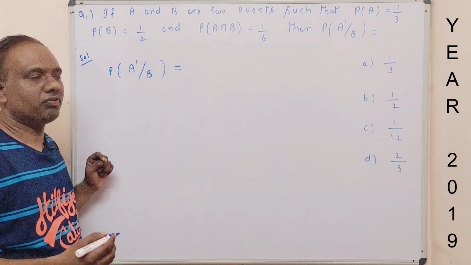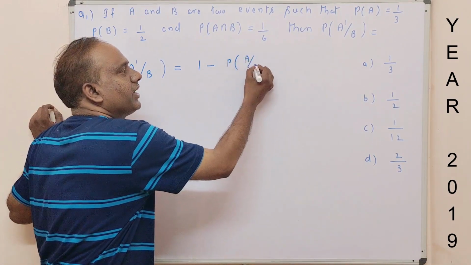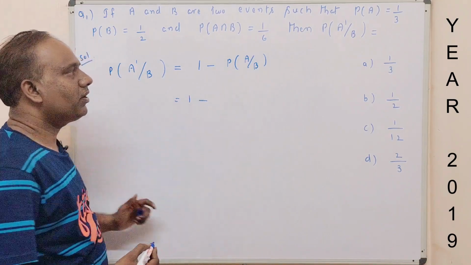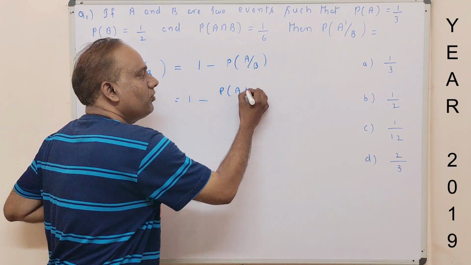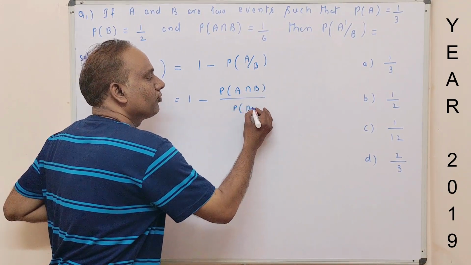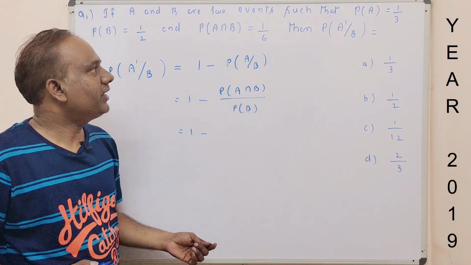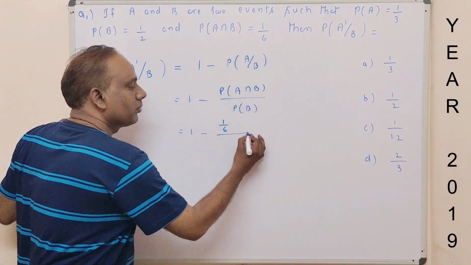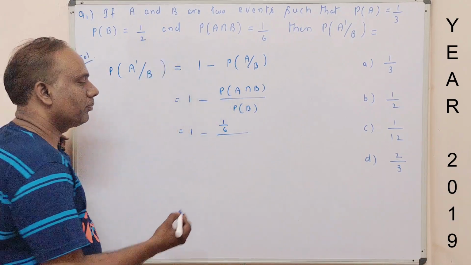So the formula is 1 minus P of A given B. P of A given B is P of A intersection B divided by P of B. So 1 minus, P of A intersection B value is 1 by 6, divided by P of B, and P of B value is 1 by 2.